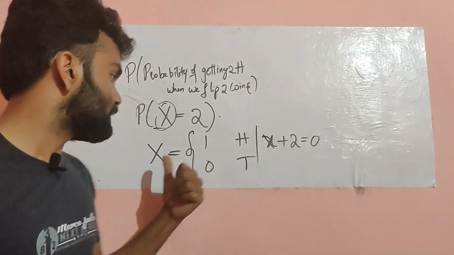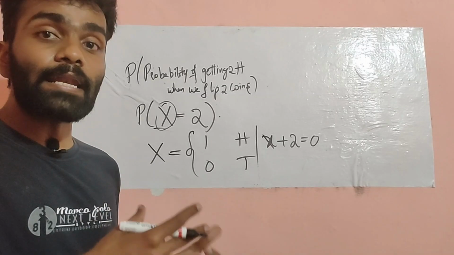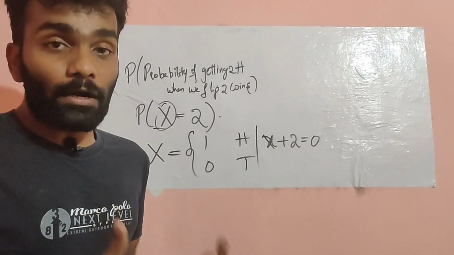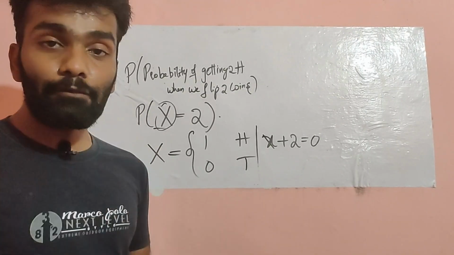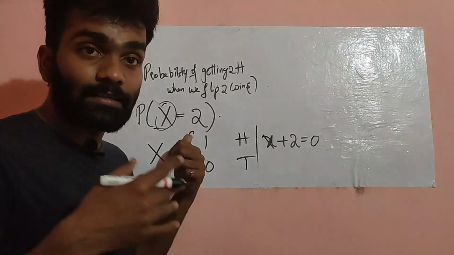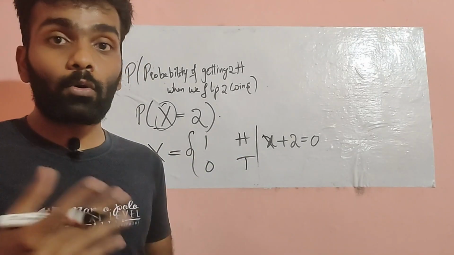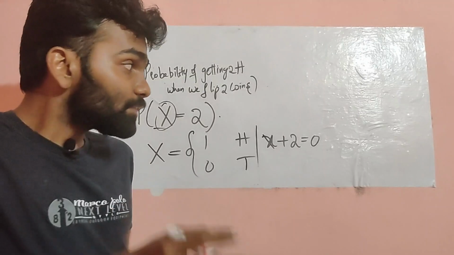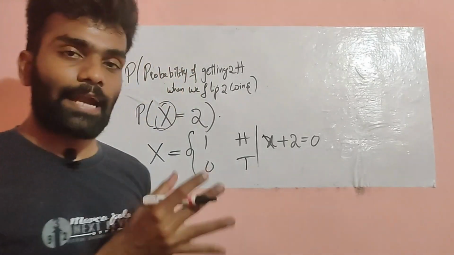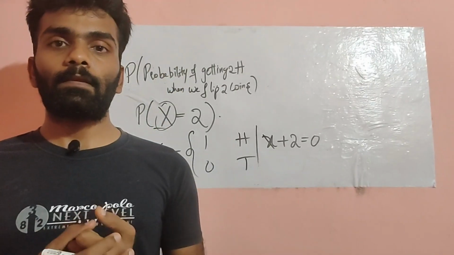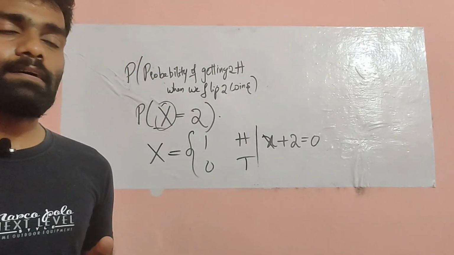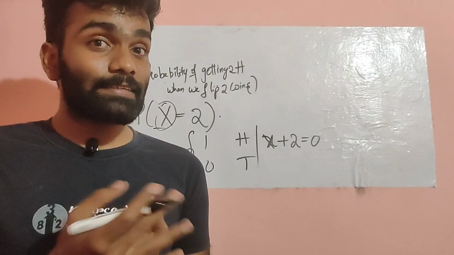But when you come to this X, we can get any value, like 1 or 0. We don't know what the output will be. So that's the difference between a normal variable and a random variable. I hope you got it. So that's the random variable, and let's understand what the types of it are.